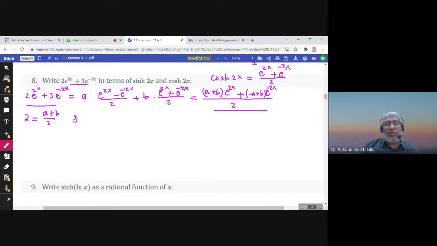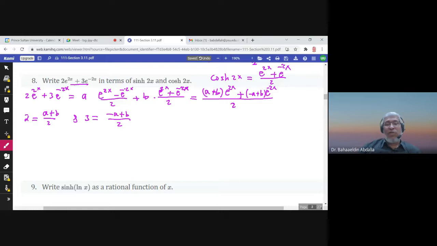The coefficient of e to the power negative 2x in the left-hand side is 3, and in the right-hand side is negative a plus b over 2. So by this, I have two equations, and I can solve them and find the values of a and b.